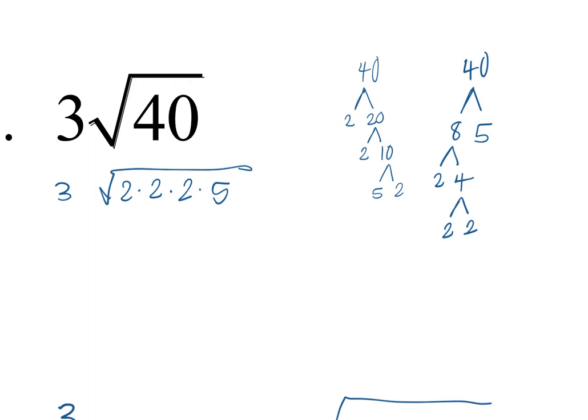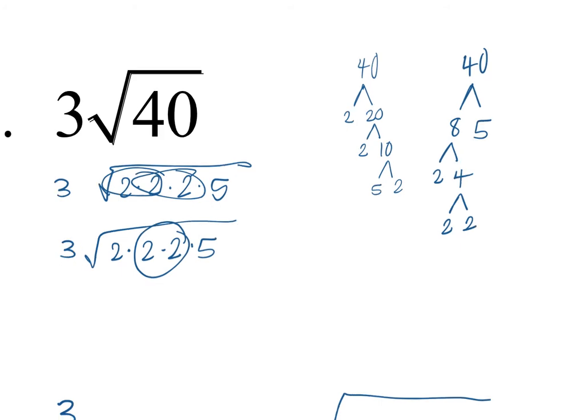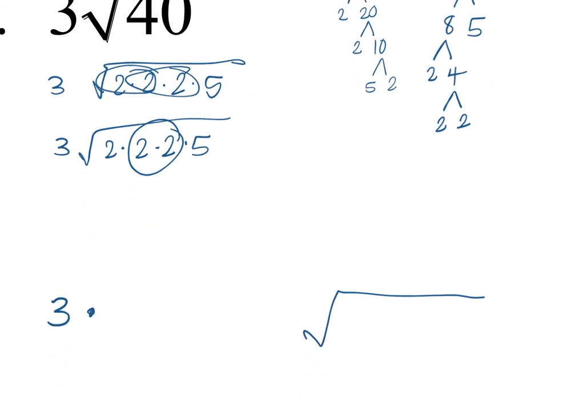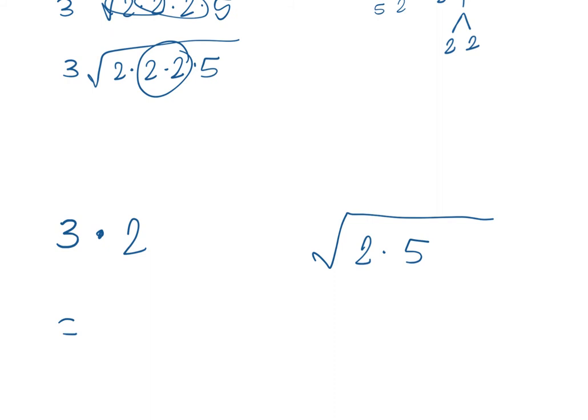So we're looking for a group of 2 things that repeat. 2 and 2 repeats. It doesn't matter which one you select. You can select that one, or you can select these 2. It really doesn't matter. But whichever group of 2 you visualize, bring it out and put what is left over back inside of the radical.